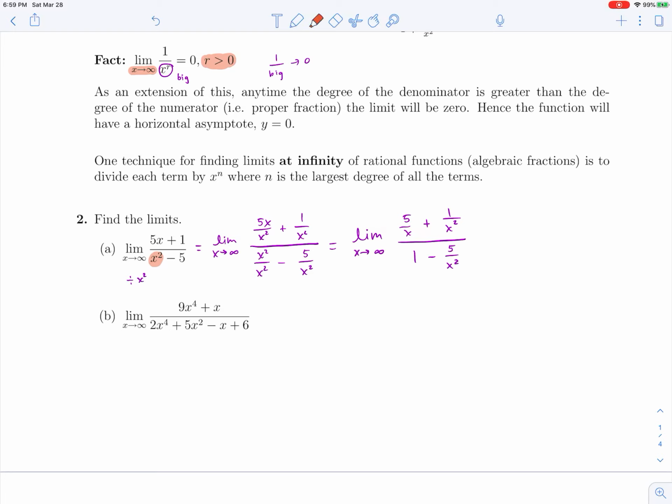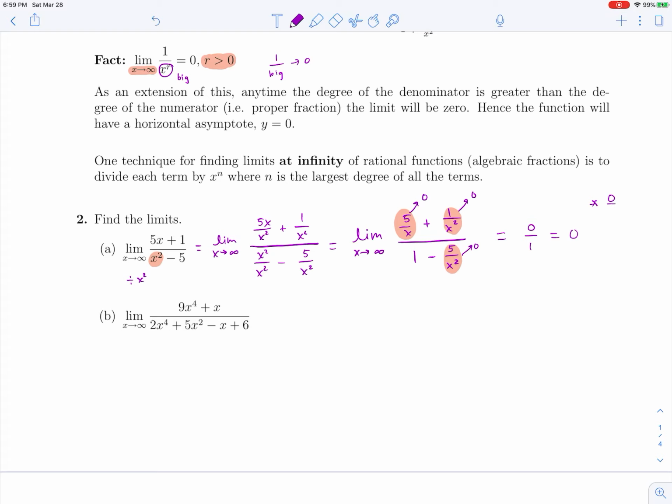And if you look at all of these, 5 over x goes to 0, 1 over x squared goes to 0, 5 over x squared goes to 0. And so what we get is 0 over 1, which is 0.